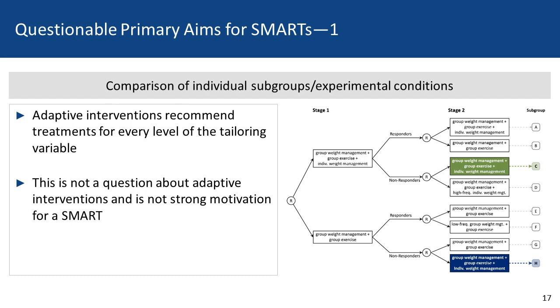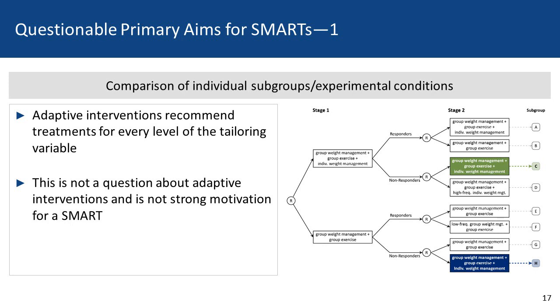Let's now talk about some primary aims for SMARTs that are maybe a bit more questionable, that don't do a great job of motivating the use of a SMART design. The first example here is a comparison of individual subgroups or experimental conditions. So as an example, we'll just compare the outcome information from subgroup C to the outcome information from subgroup H. Remember that adaptive interventions recommend treatments for every level of the tailoring variable.